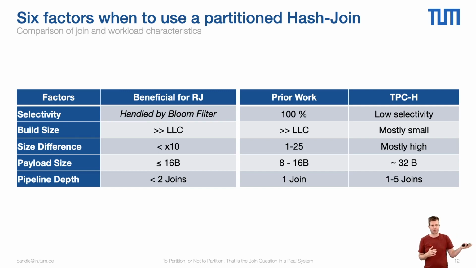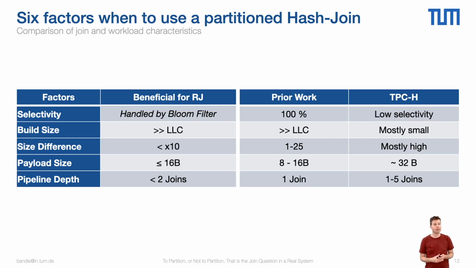And this leads to a big size difference and small build sizes, which are not that beneficial for partition hash joins. Since TPCH also involves some string processing, the payload sizes are also bigger than in prior work. And with having more complex queries, there are also more joins after each other.